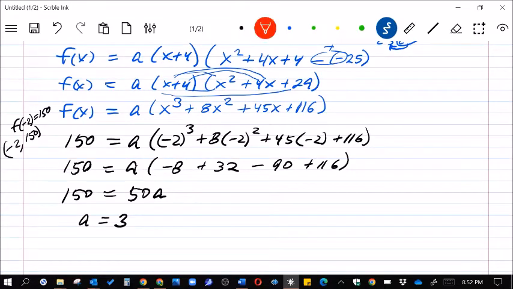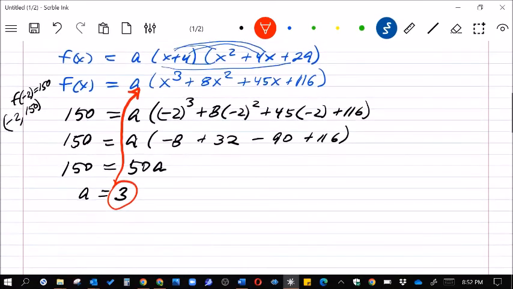All we now have to do with that 3 is put it in here. Let's get it. So I have a nice straight, right in there, we put the 3, and then we're going to multiply it out. So I'm going to do that now.